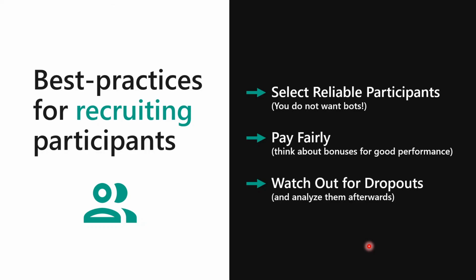All right, some last slide about best practice for recruiting participants. You need to make sure to select reliable participants because obviously you don't want bots or dogs to participate in your experiment. For this, one thing is you should pay fairly, but obviously you need some kind of a check of whether participants participate in a manner that you would intend, that they follow the instructions.